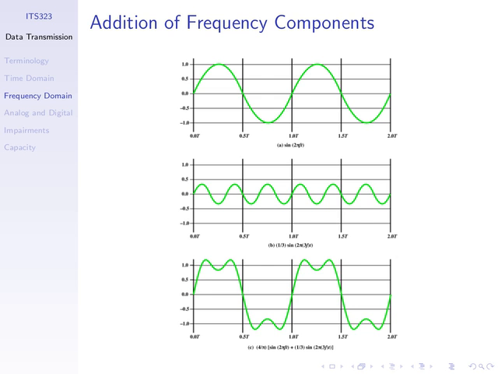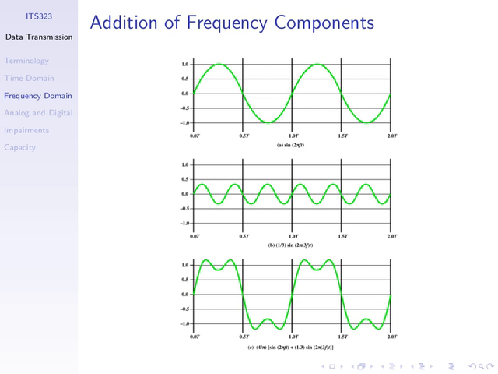And you note the frequency of this, one repetition is the same as the first component. Adding the two together, the frequency of the resulting signal is the same as the fundamental frequency. Be careful that this plot uses the general form of the equation where it says 2 pi ft.